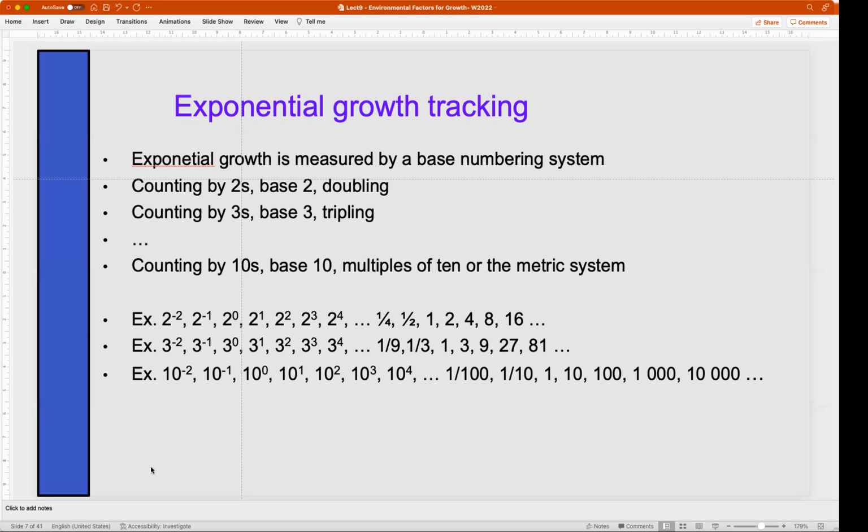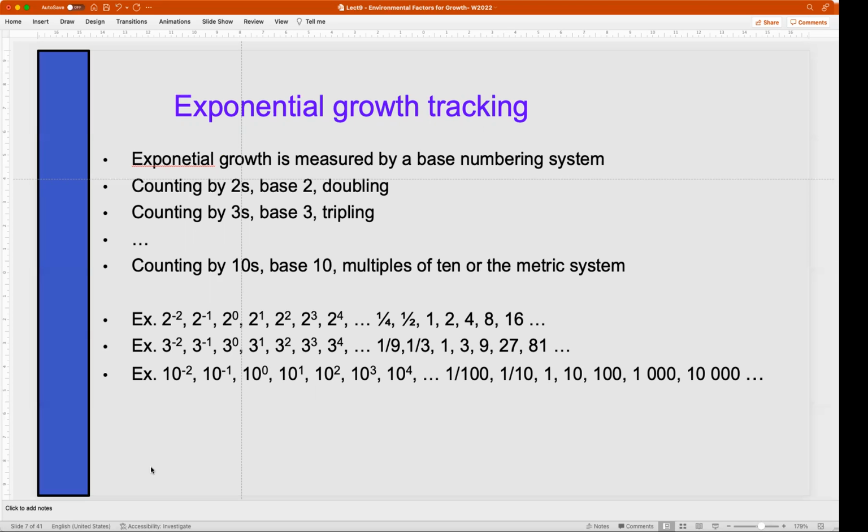So at the bottom of this slide, I've got a base 2. You see there's the example 2 to the minus 2, 2 to the minus 1, 2 to the 0. So 2 to the minus 2 is 1 over 2 squared, because the minus means it's in the denominator.